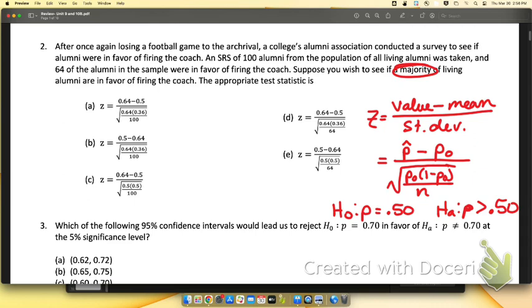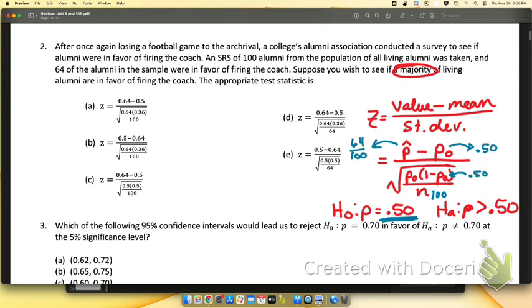So my P naught value, my hypothesized value, my claimed value is 50%. P hat is the sample proportion. And so that would be where the sample comes in of 64 over 100, which is 64% or 0.64. The hypothesized value is the 50%. And then my sample size was 100. These hypothesized values as well are 50%.